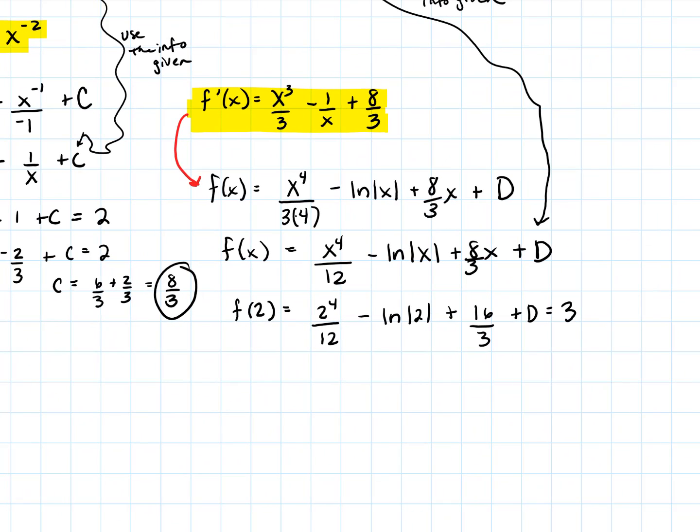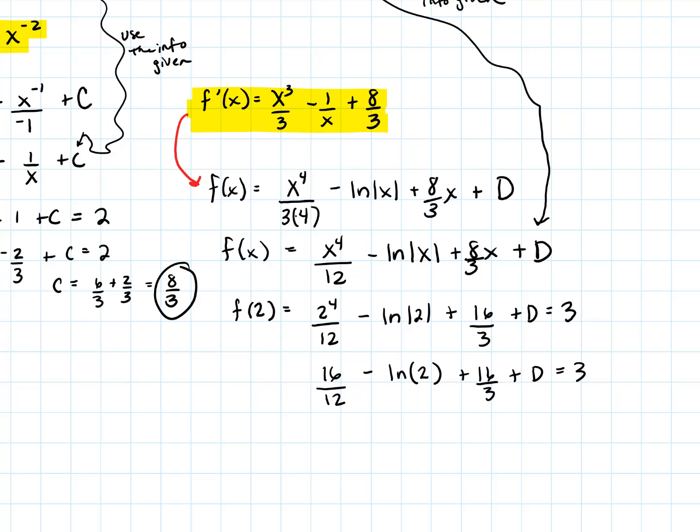So 2 to the 4th is 16, so this is 16/12 minus ln of 2 plus, we could drop the absolute values actually, the absolute value of 2 is 2, plus 16/3 plus d equals 3. Just doing a little bit of algebra here.